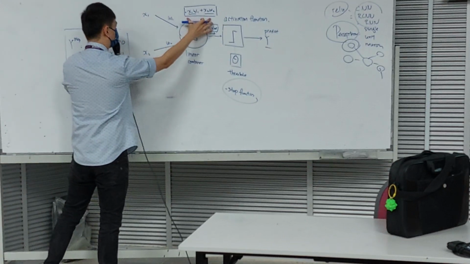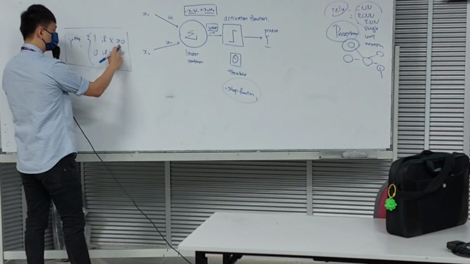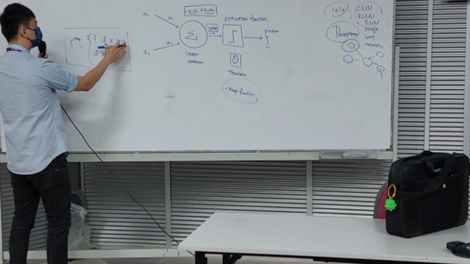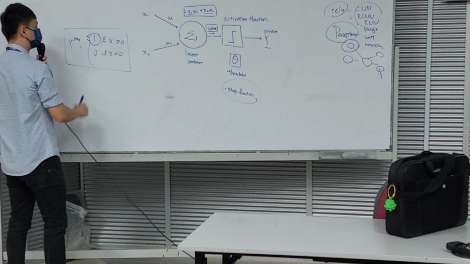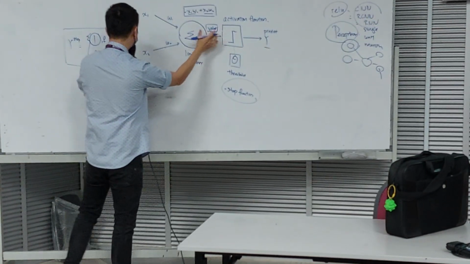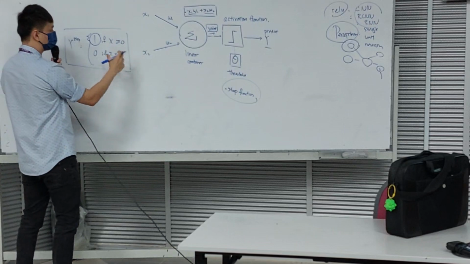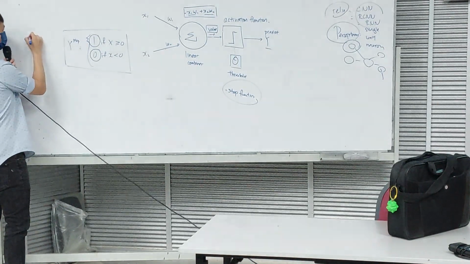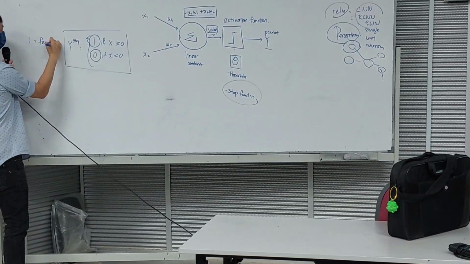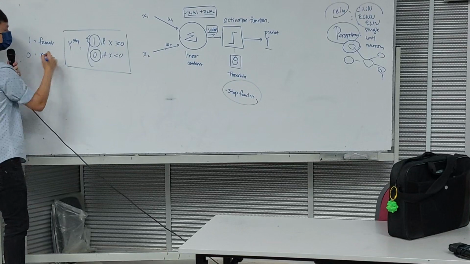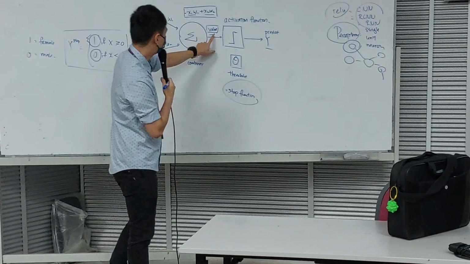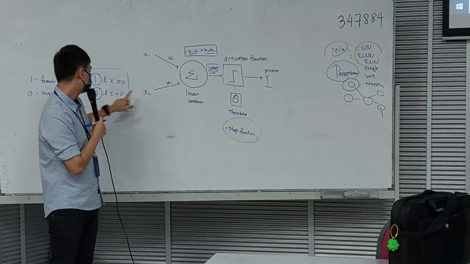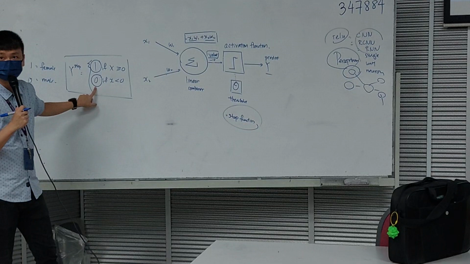If this value, which is the big X, is more than or equal to 0, then we classify this value as 1. If the value is less than 0, then we classify this data as 0. You can treat 1 as female and 0 as male for now. So if the value you generate is more than or equal to 0, we classify it as 1. If less than 0, we classify it as 0.